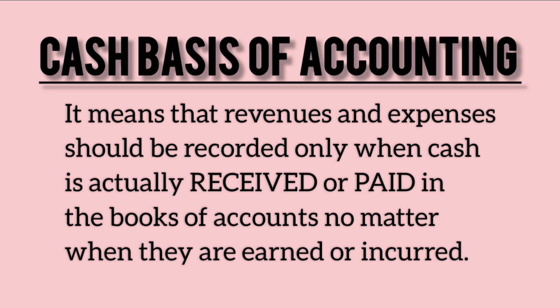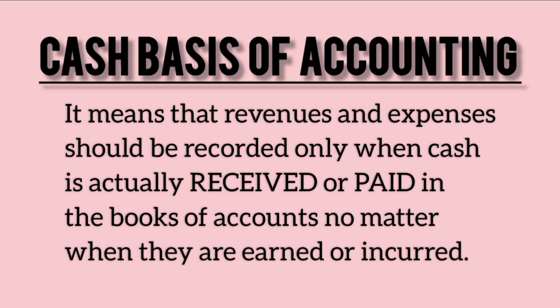So, what does cash basis of accounting state? It states that the expenses will be recorded in the books of accounts for the November period only, because in the month of November you decided to pay the rent for the months of August, September, and October. All right.